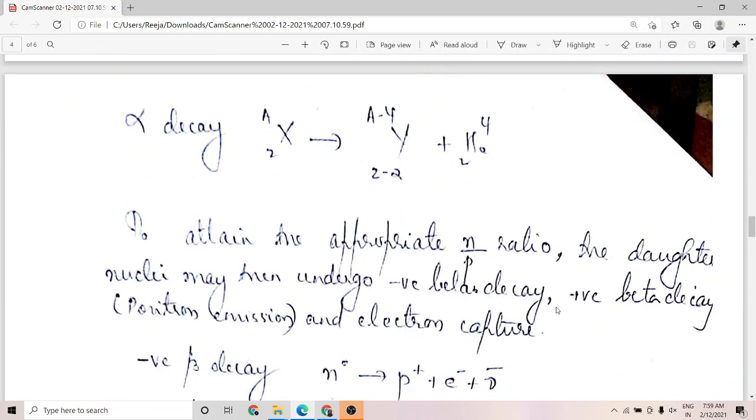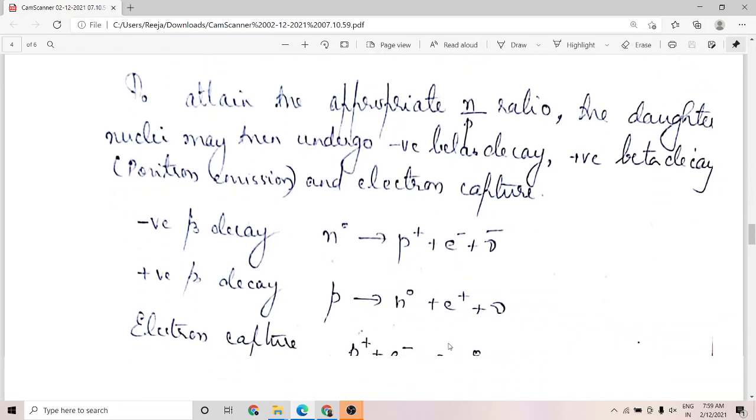Now, to attain the appropriate neutron to proton ratio, the daughter nuclei may also undergo beta decay. Beta decays are of two types: negative beta decay, positive beta decay, or it can be an electron capture.